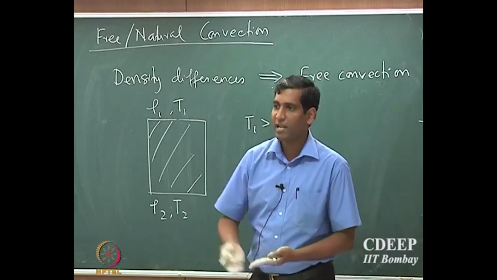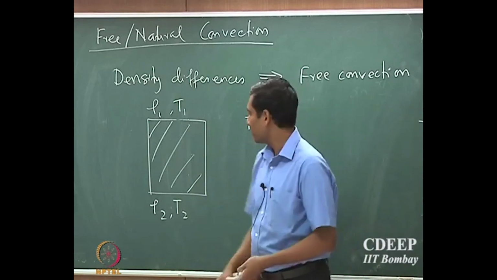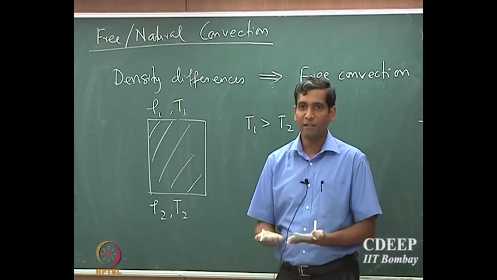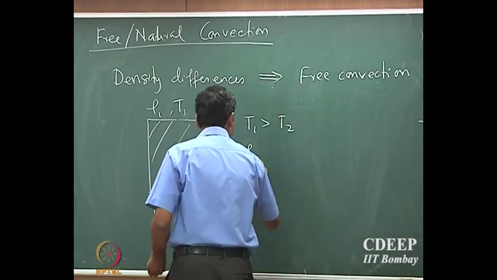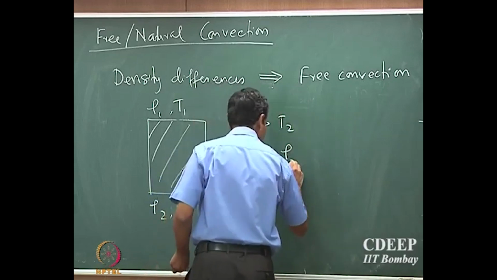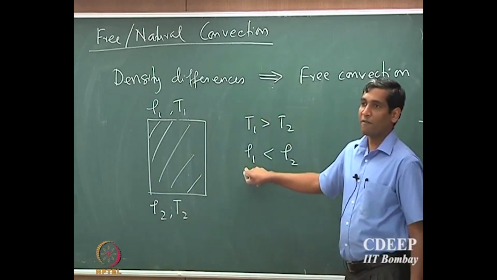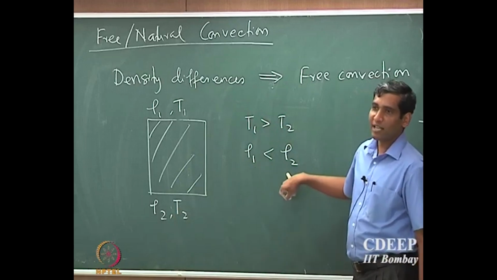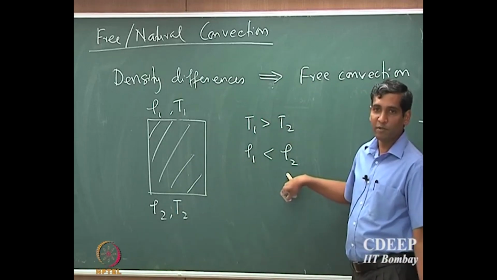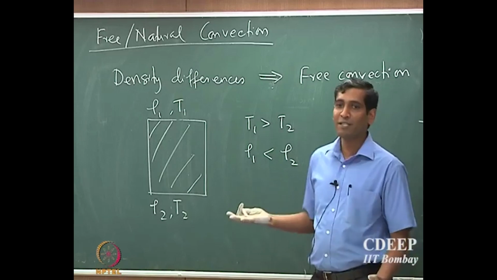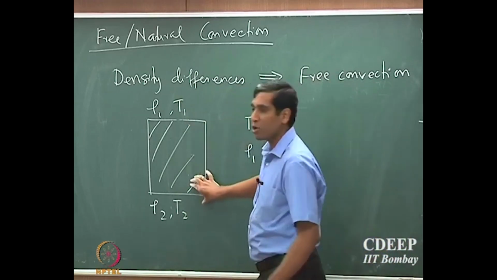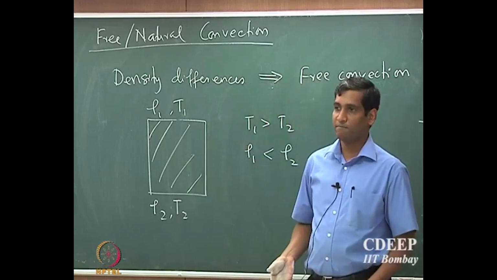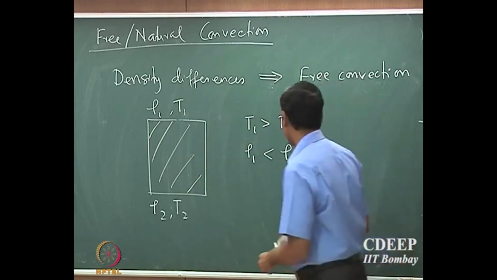When the temperature is higher, the fluid expands and the density will be lower, so we expect that the density of the fluid at the top surface is going to be lower than the density of the fluid at the bottom surface. So that's a very stable situation, where light fluid is sitting on top of the heavy fluid.